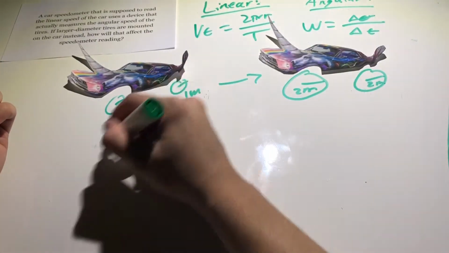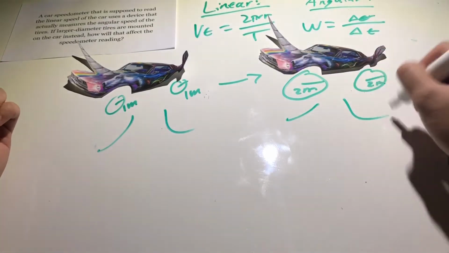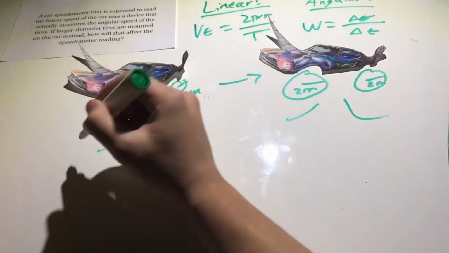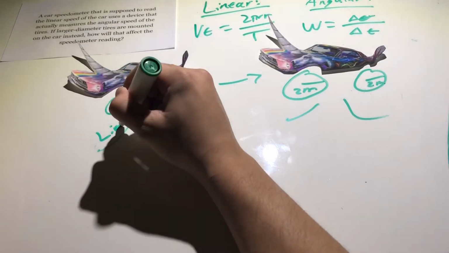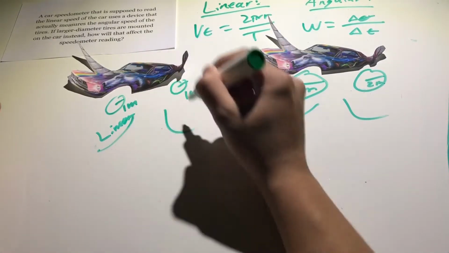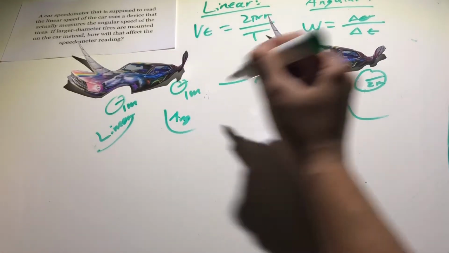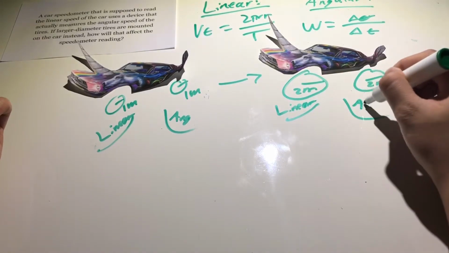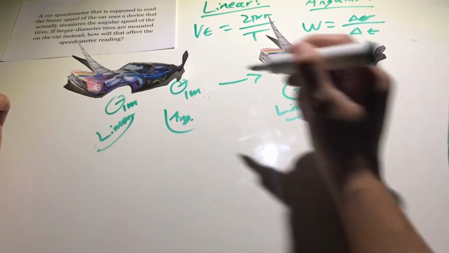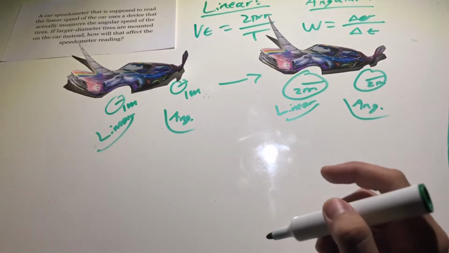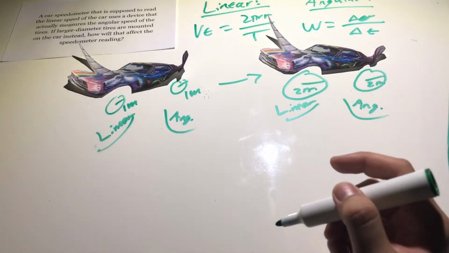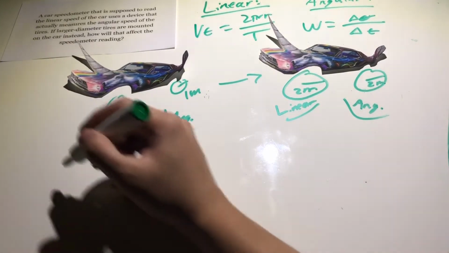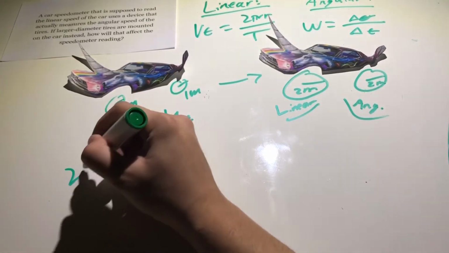But let's compare these two cars' speedometer readings. So we have our linear speedometer reading, and we have our angular speedometer reading. Let's say on our 1 meter radius tires, we have a linear reading of about 20 miles per hour.